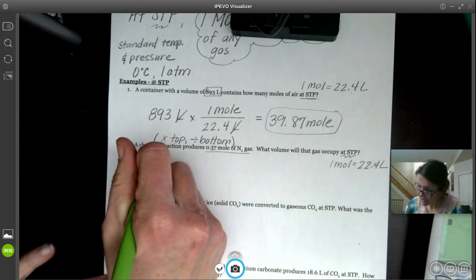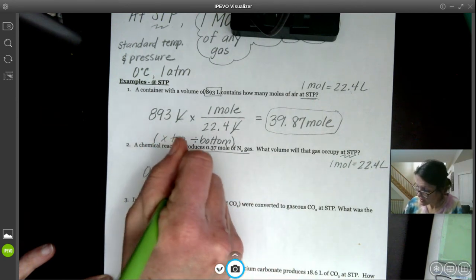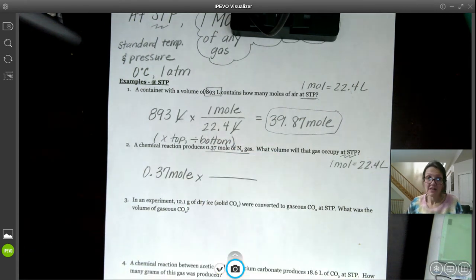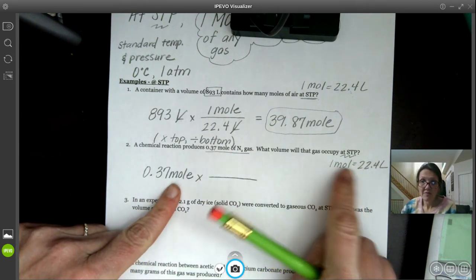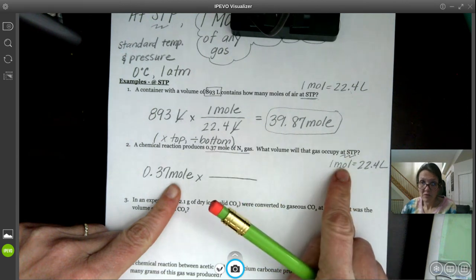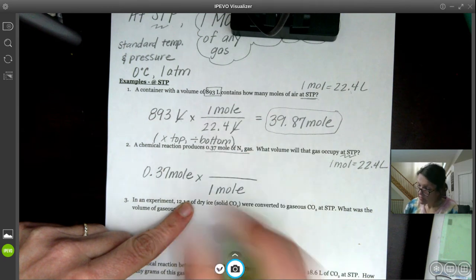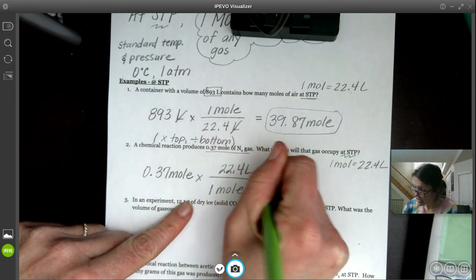So again, we're going to start with our given from the problem, 0.37 moles. We're going to multiply by the conversion factor, and we're going to write the conversion factor as a fraction based on what will cancel the unit. So if I have moles on top from my conversion factor, I want to put moles on the bottom so that the words can cancel. So I put 1 mole on the bottom and 22.4 liters on the top.